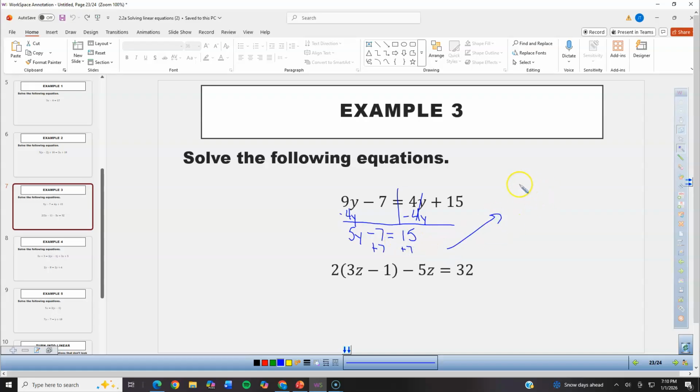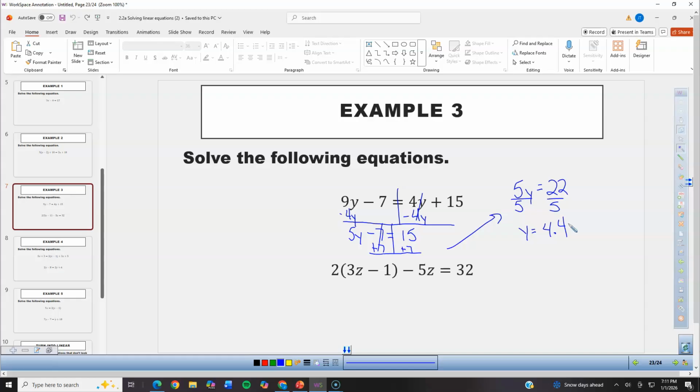Draw an arrow because I misjudged. So the 7's cancel, 5y equals 22. Divide by 5, and I get y equals 4.4.